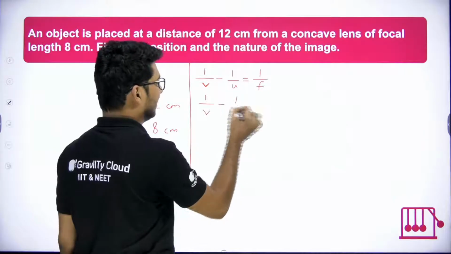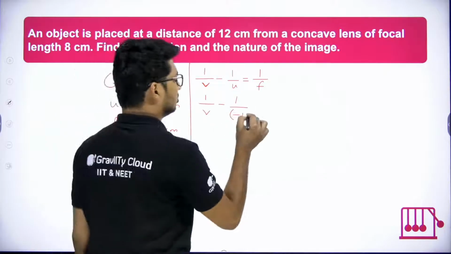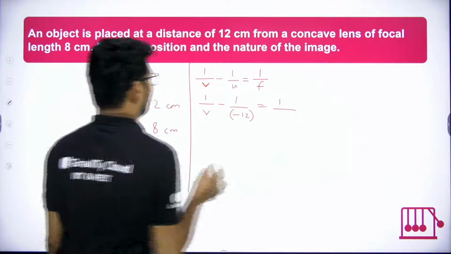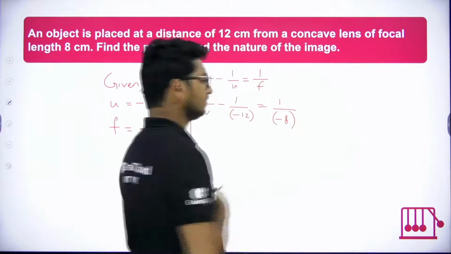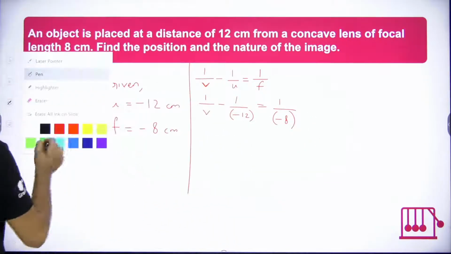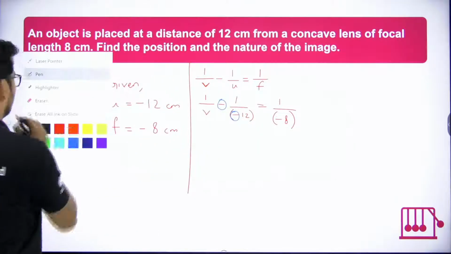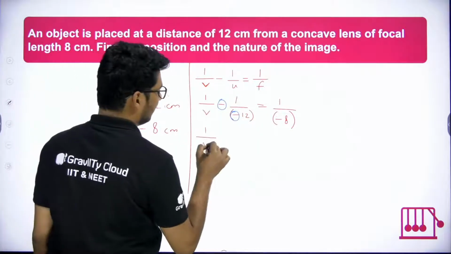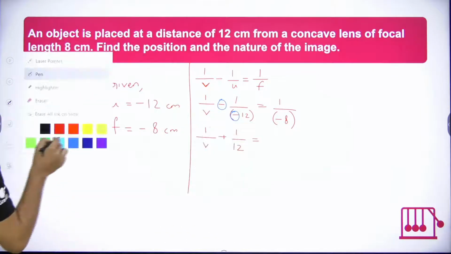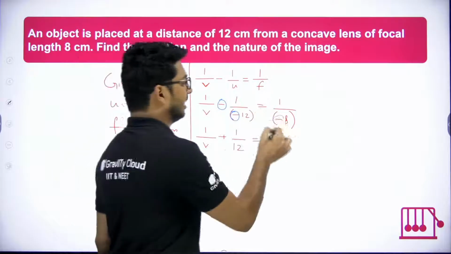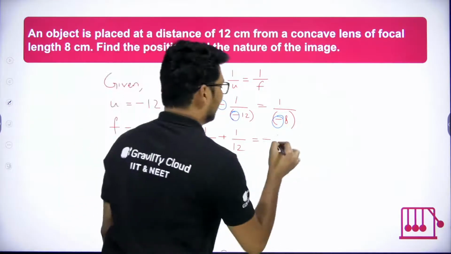So 1 by v minus 1 by u. U is negative, so I'll make use of brackets, minus 12 is equal to 1 by f. F is again negative, so make use of brackets, minus 8. Then just multiply the negative signs. Minus into minus becomes positive, right? So 1 by v plus 1 by 12 is equal to, there you just have negative, positive divided by negative becomes negative itself, so minus 1 by 8.